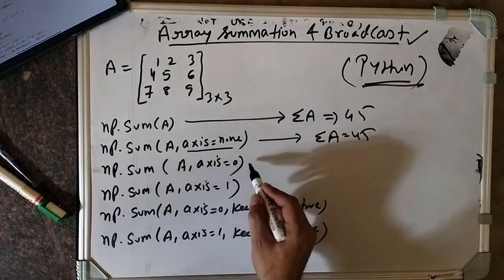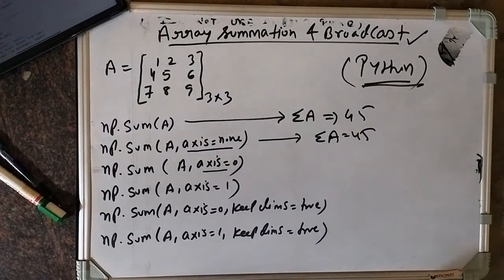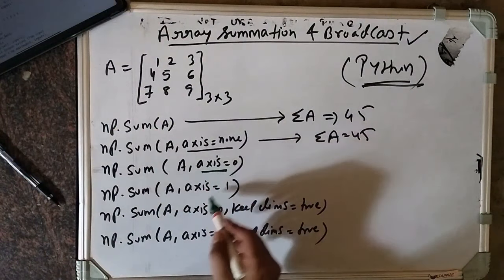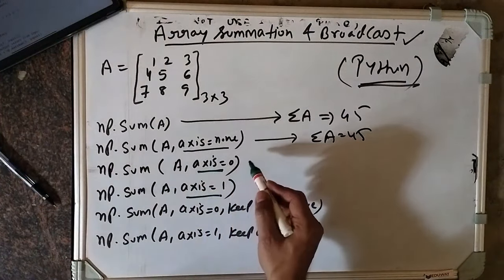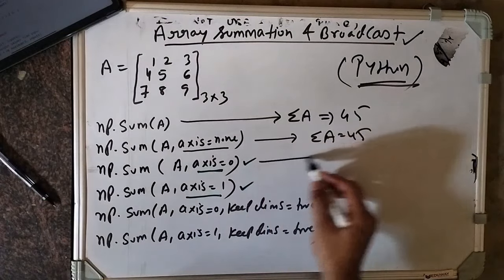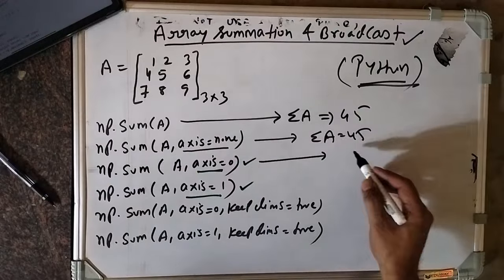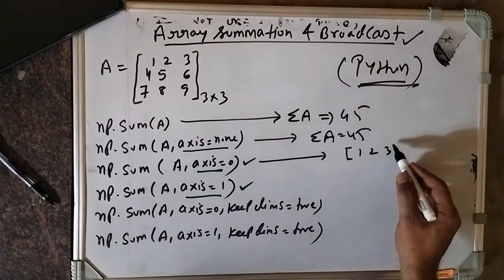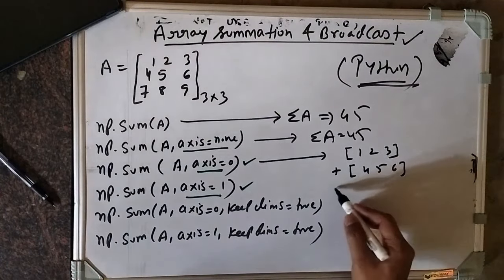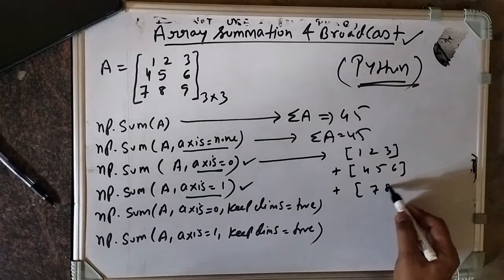But if you write axis equal to 1, what will happen? What is the meaning of axis equal to 0 and axis equal to 1? The meaning of axis equal to 0 is 1 2 3 plus 4 5 6 plus 7 8 9.